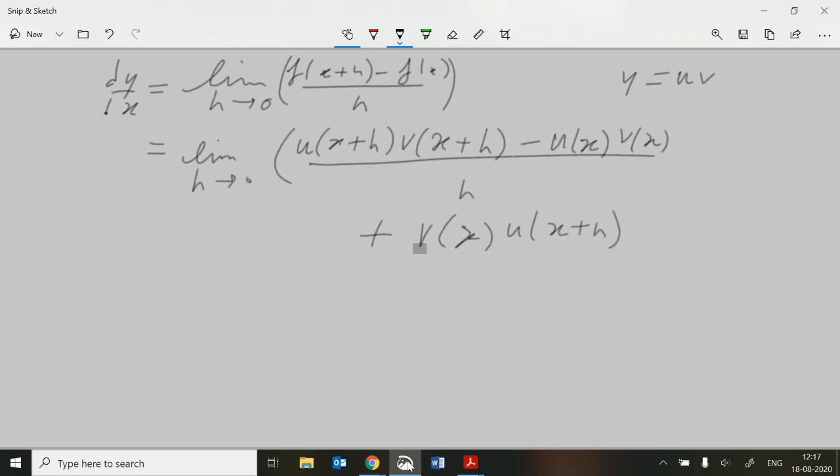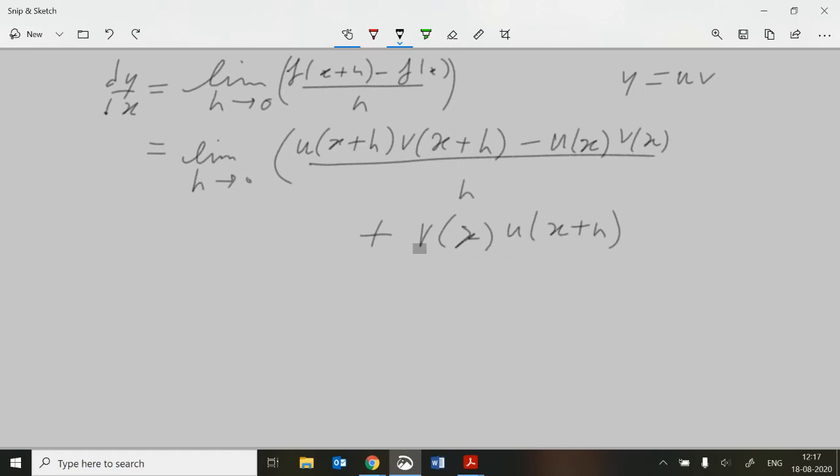So now when I factorize out v of x from these two terms, I'm going to get this take away this, and that's going to give me my derivative of u. Sorry, I'm doing it the opposite way around. I'm aware I said u v dash. I was talking about that term, but now I've gone into talking about u dash times v. It's okay. It doesn't matter which way you do this.